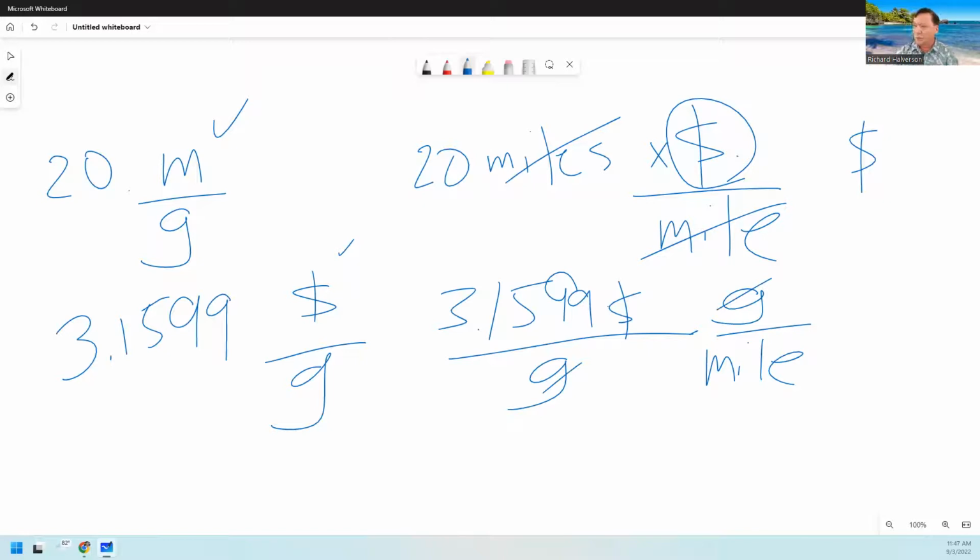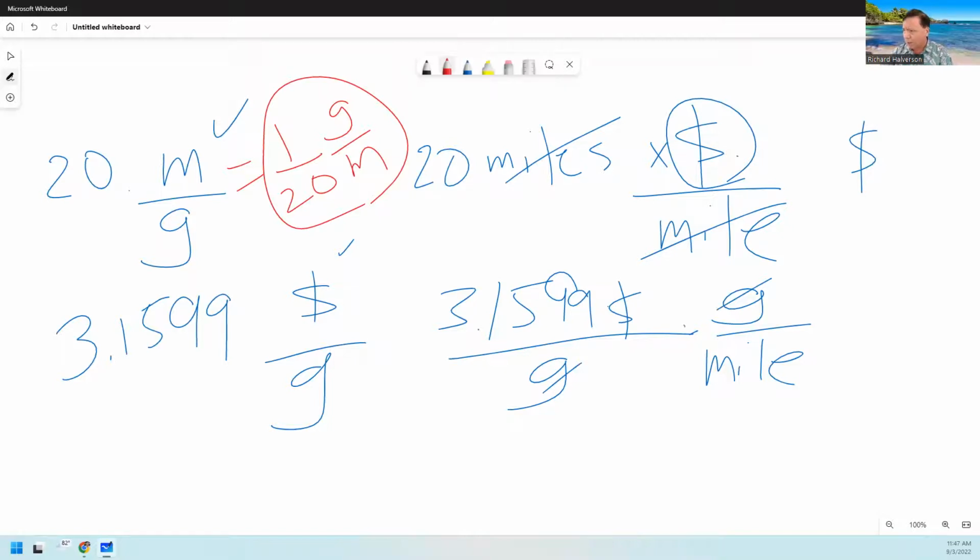Well, we don't have gallons per mile. We have miles per gallon. It turns out that gallons per mile is equal to 1/20.